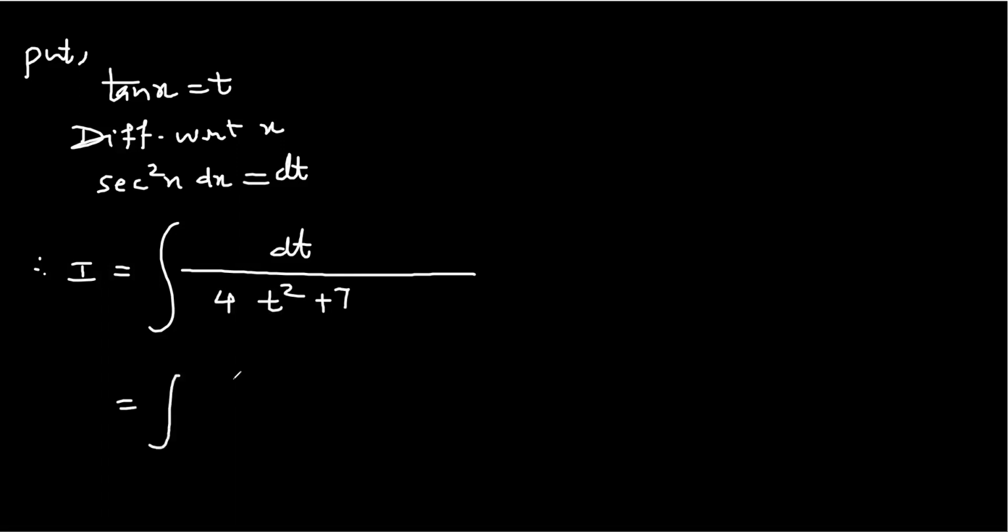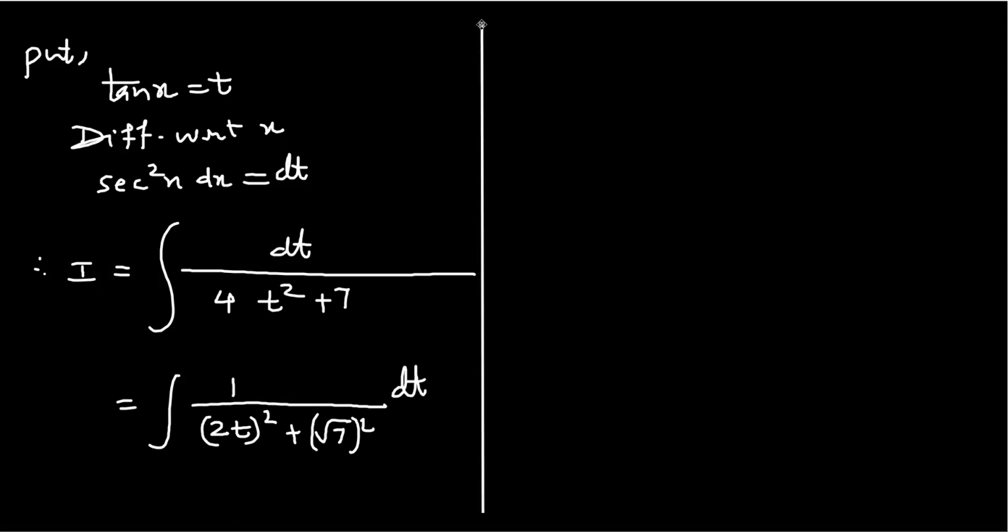So I get here 1 upon (2t) the whole square plus root 7 square dt, right? And this is one of the results from set 1: 1 upon constant square plus variable square. So the answer will be I equals 1 over root 7 tan inverse of 2t upon root 7, into 1 upon 2.